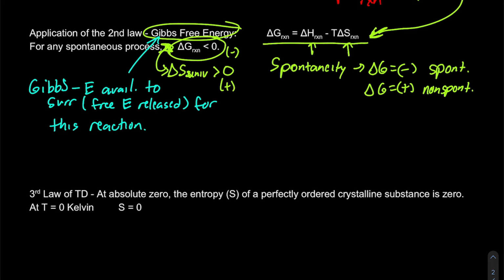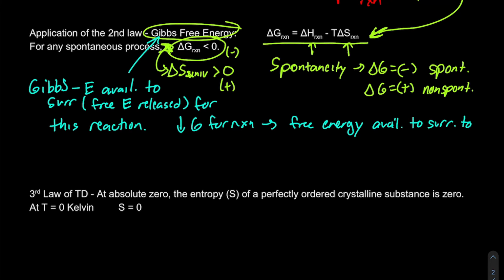So if we have a decrease in Gibbs free energy for the reaction, that tells us there is now free energy available to the surroundings to do work. So that's what our Gibbs free energy is.